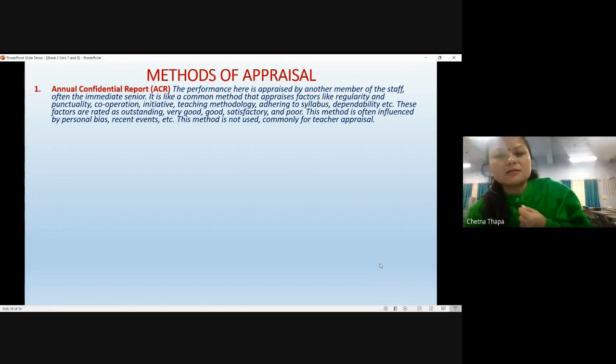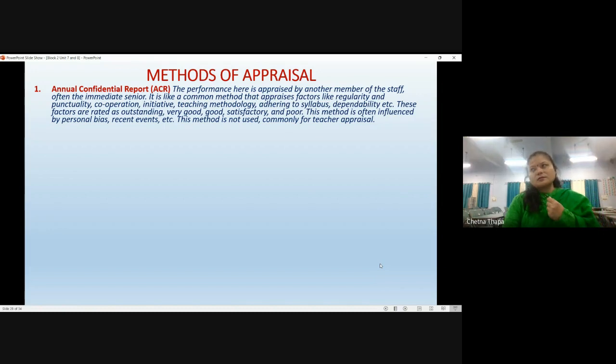But this method is often criticized because the rater might be influenced by personal biases or recent events. So this annual confidential report is not commonly used for teacher appraisal.